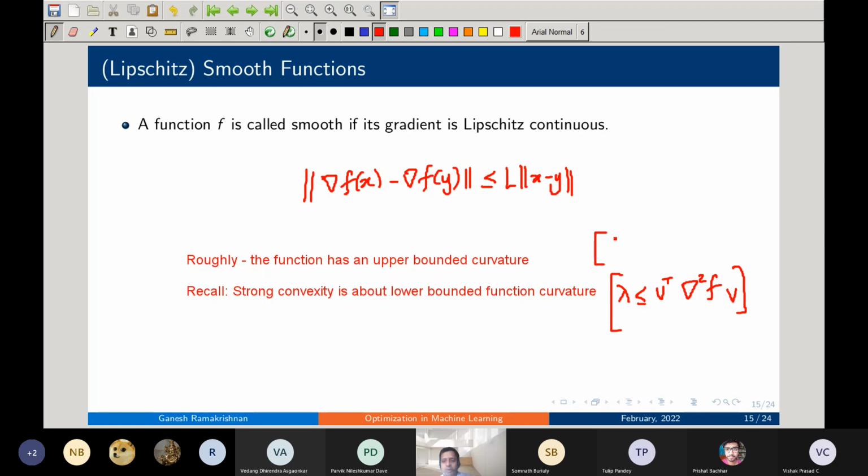By analogy, we should have something similar here. We should say V transpose Hessian V, basically along any line, if I look at the curvature, should be less than or equal to L. Something like this I would expect. Anyone want to comment?